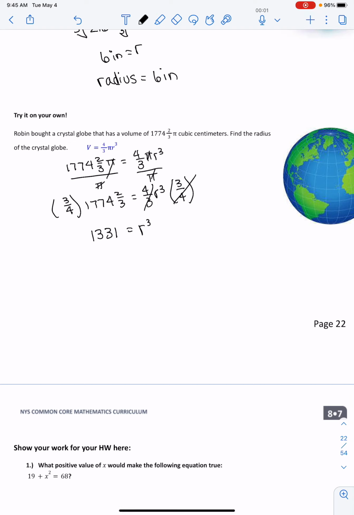So I'm going to take the cube root of both sides. So r is going to equal 11 centimeters. So my radius is 11 centimeters.